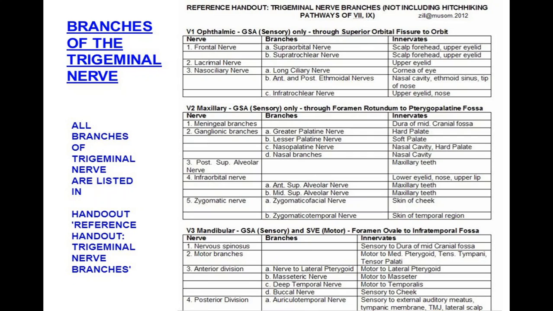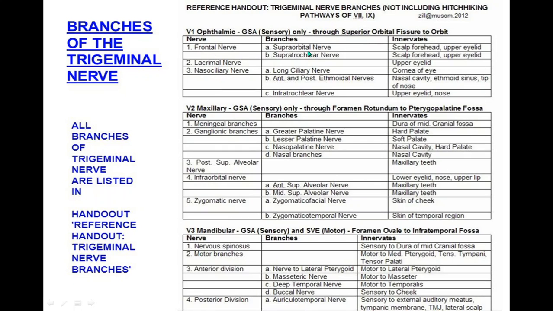This is one slide explaining all the branches of the trigeminal nerve and their functional components, and exactly their area of distribution. This column explains the branches, and this column explains the sub-branches of these individual branches. For example, the ophthalmic division has main branches: frontal, lacrimal and nasociliary.